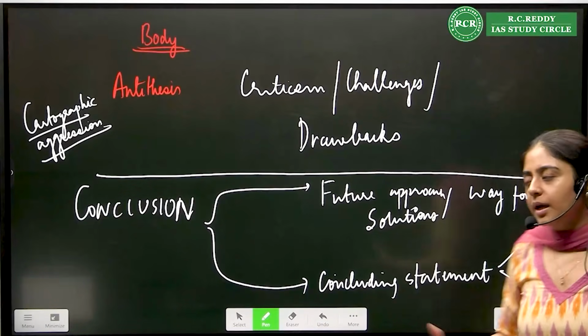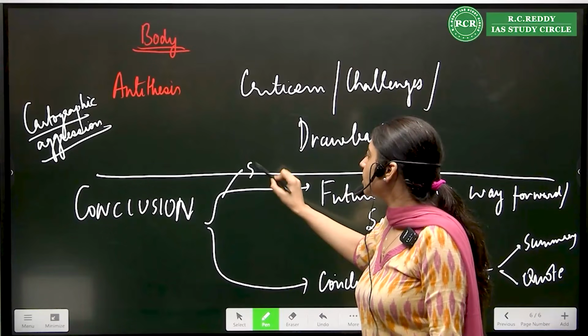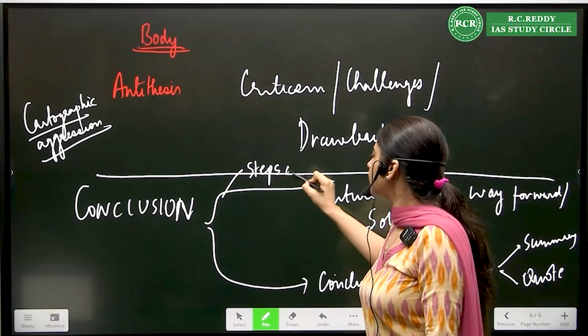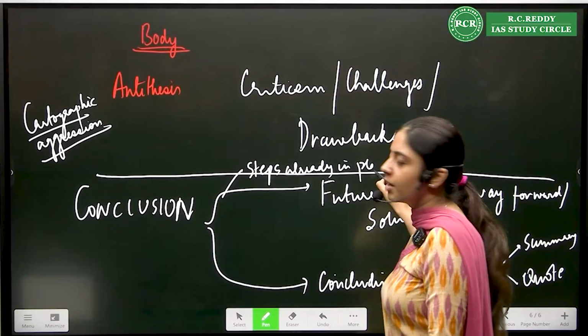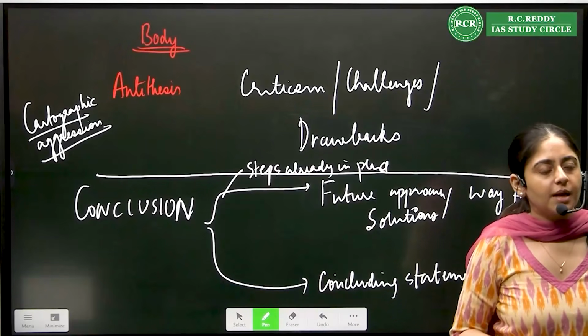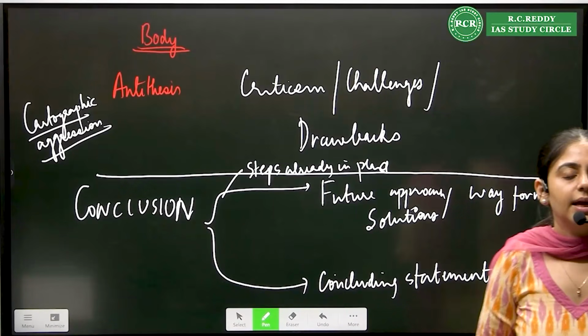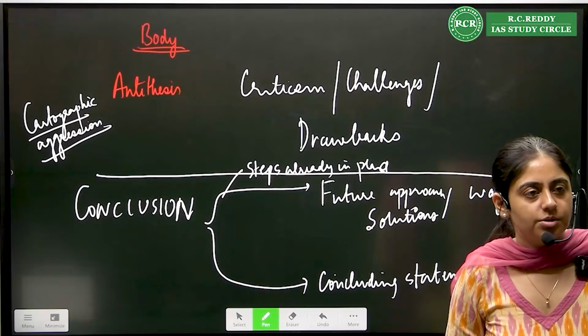What can be done. Here, if there are steps already in place, some government initiative or something, you can discuss that too. And then your approach: in future, what solutions or what can be our approach?